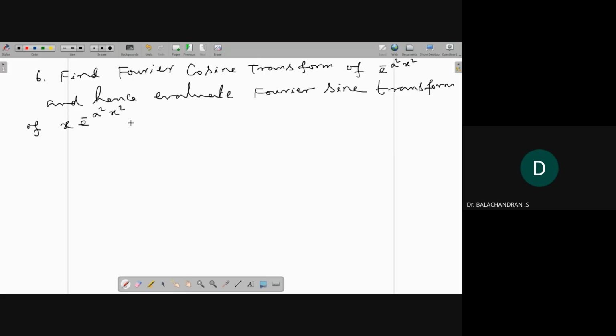Also show that e power minus x square by 2 is self reciprocal under Fourier cosine transform.